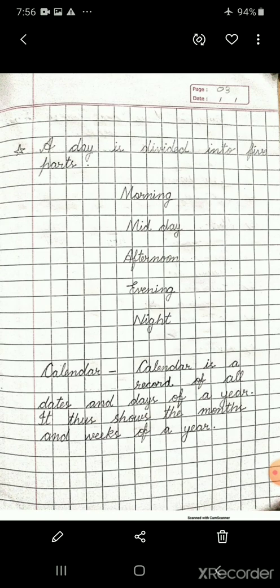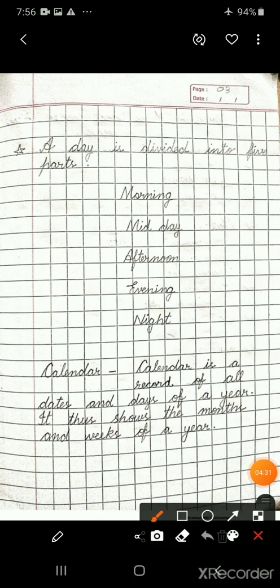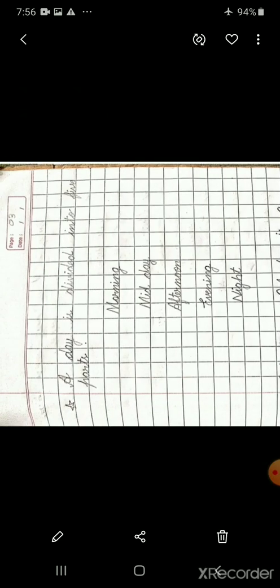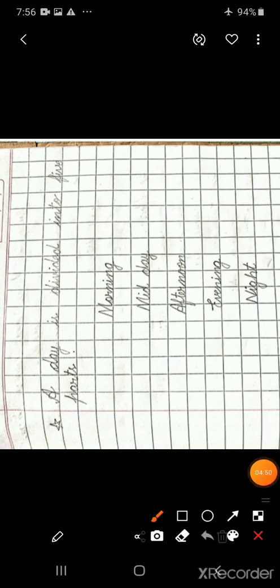Now on the next page you will write about day. You can see here more clearly. I will show this page in two parts. In the first part you will write, as you can see here that I have written, a day is divided into 5 parts.